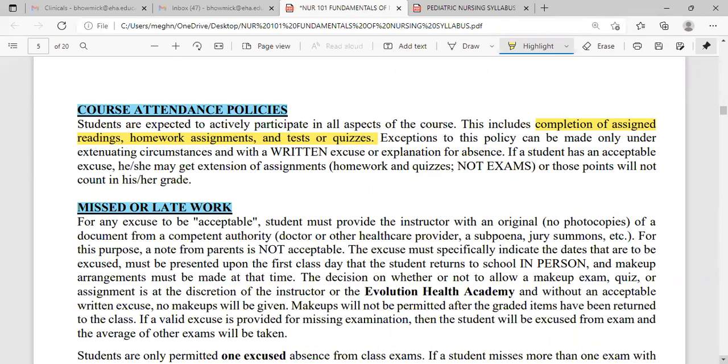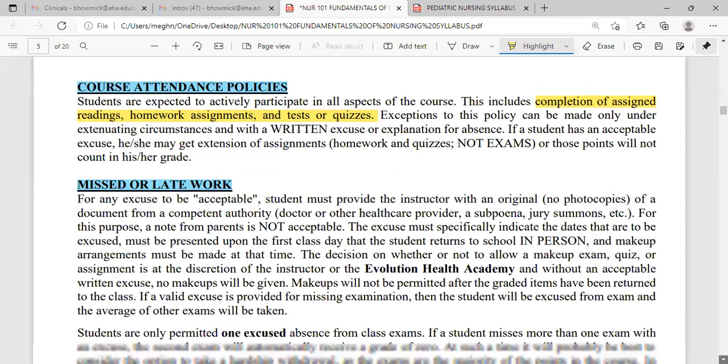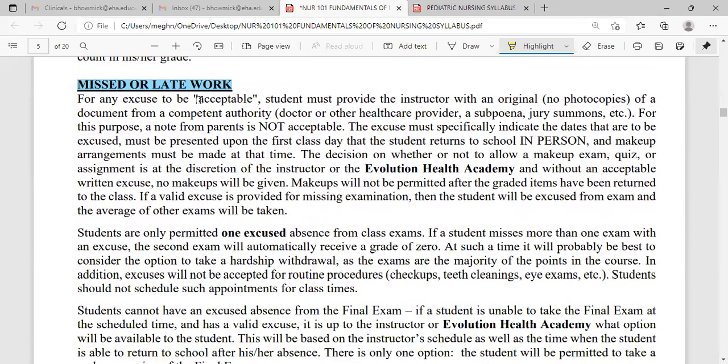If the student has no acceptable excuse, he or she may not extend her assignment. So if you missed or if you are late to submit the work, what could we do? For any excuse to be acceptable, the student must provide the instructor with the original of a document from competent authorities, maybe from your doctor or healthcare provider, right? And for this purpose, notes from parents are not acceptable.